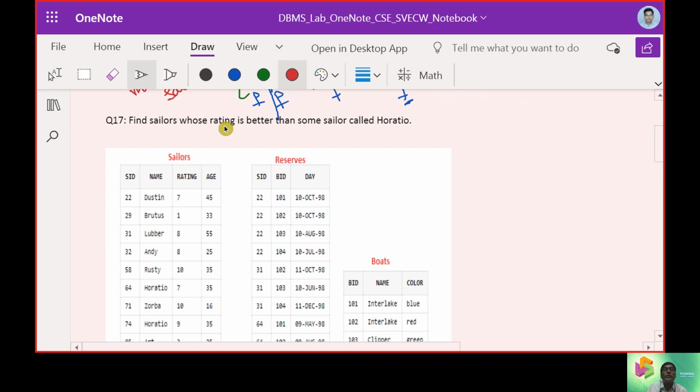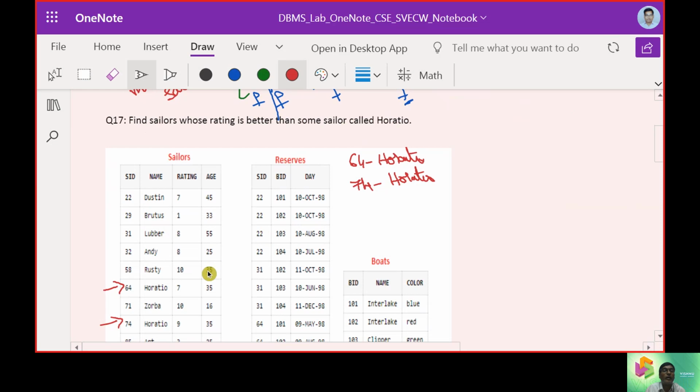So with this, we need to look at the queries. Find the sailors whose rating is better than some sailor called Horatio. We have two Horatios, 64 and 74.